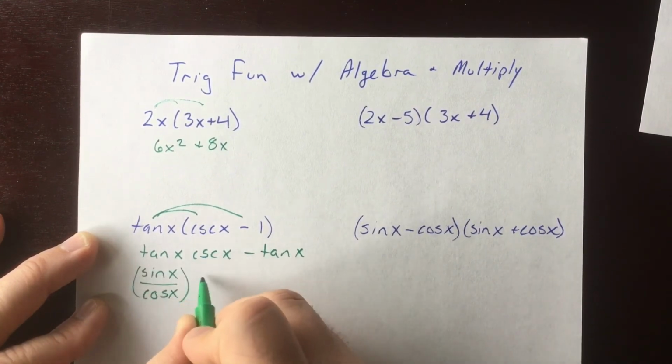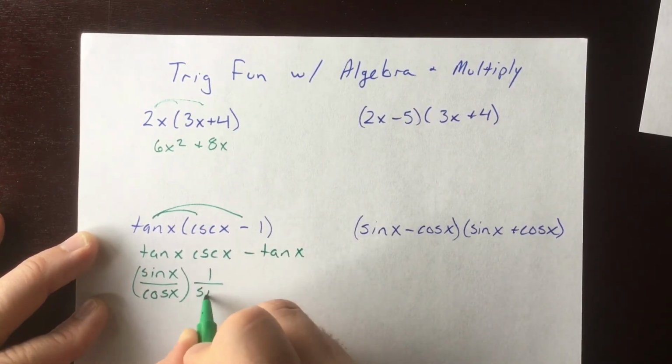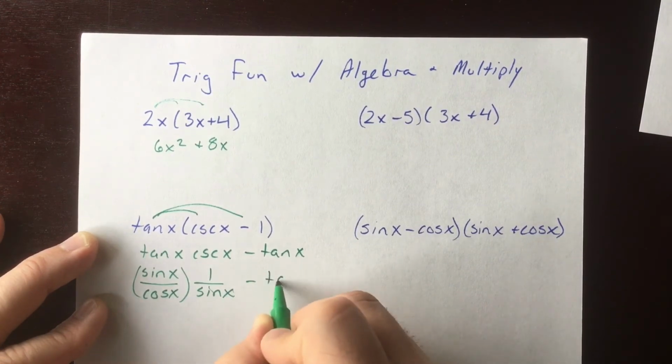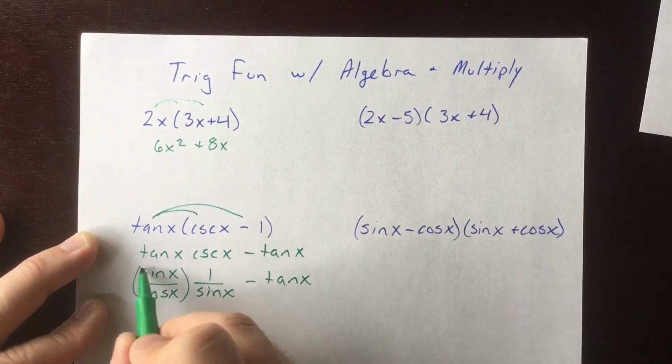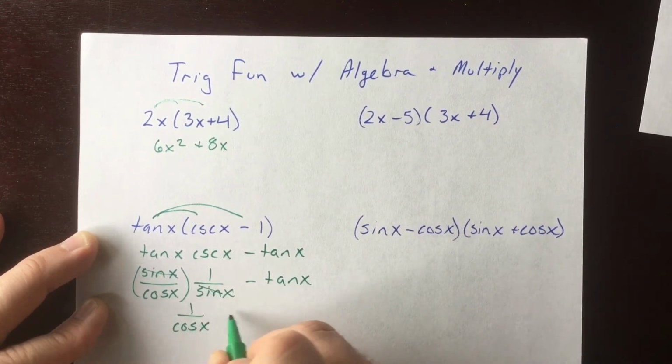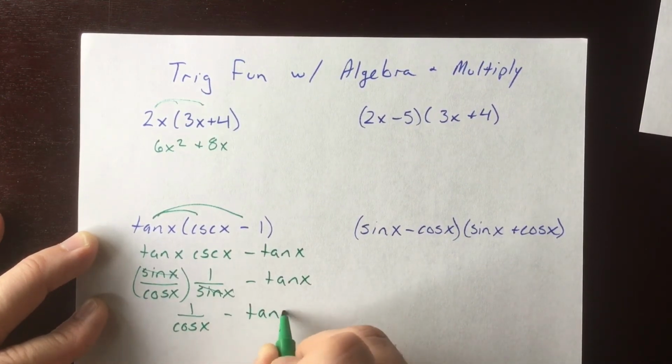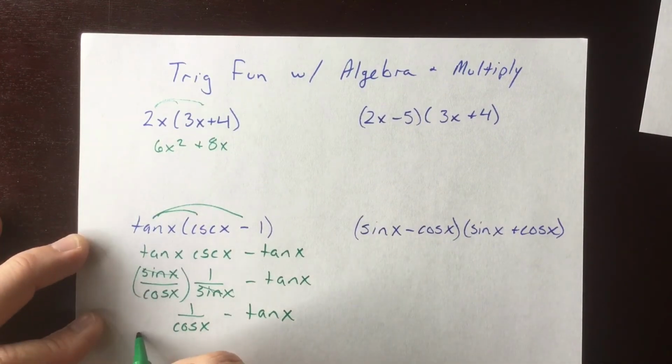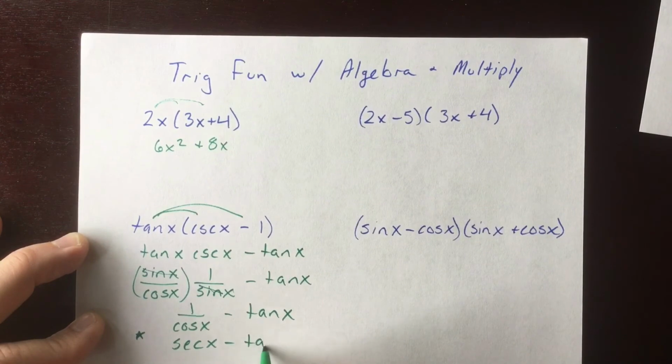And then cosecant of x is 1 over sine of x. And then we have some canceling, which is 1 over cosine of x, which becomes secant of x minus tangent of x.